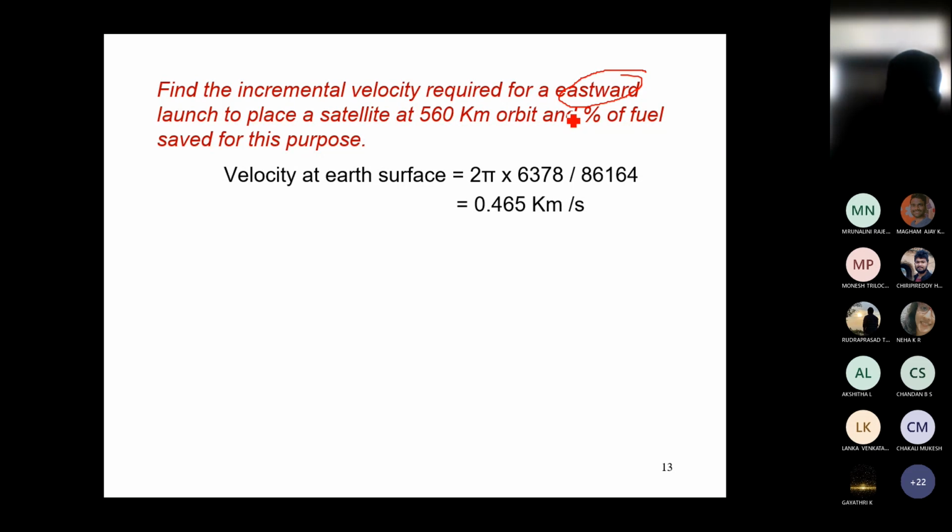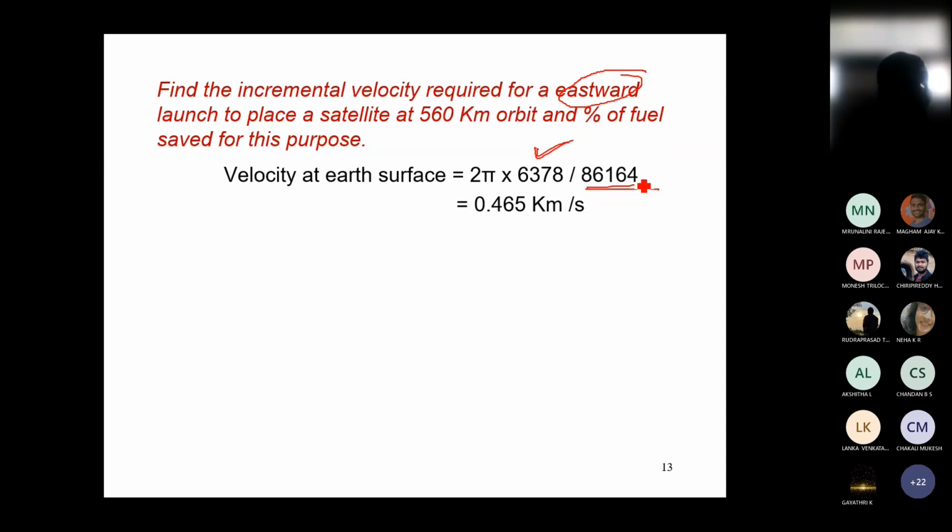Okay, so to do that, we calculated the velocity at which the Earth is moving around itself. That is given by 2 pi r, where r is the radius of the Earth, which we have considered as 6,378 kilometers, divided by the time the Earth takes to complete a 360-degree rotation.